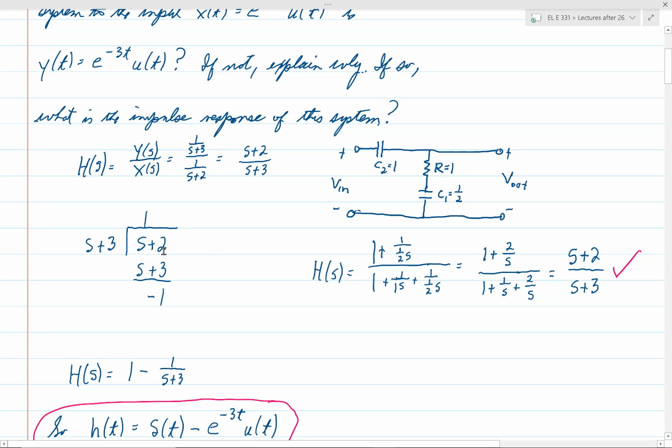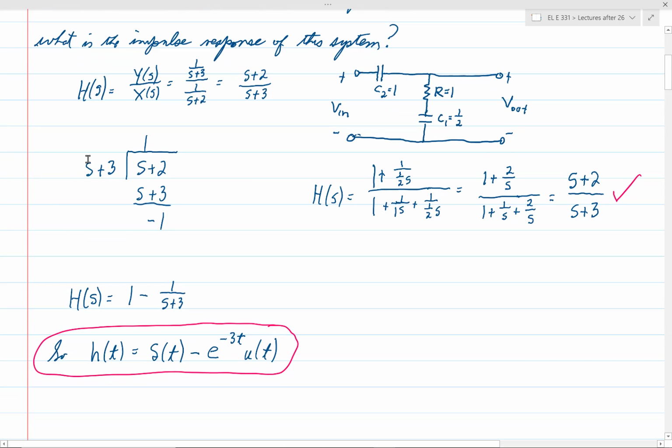So we need to do division first, but this is a very simple division, and we conclude that H of s, which is s plus 2 over s plus 3, is the same as 1 minus 1 over s plus 3. And so the corresponding h of t is delta of t minus e to the minus 3t u of t. Certainly nothing looks wrong with that. So we conclude that this input-output pair is possible, and this is the corresponding impulse response for this system.